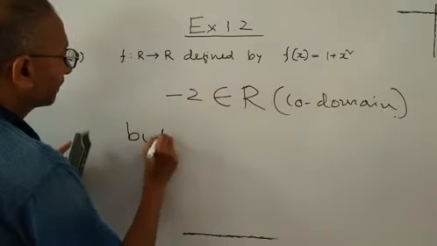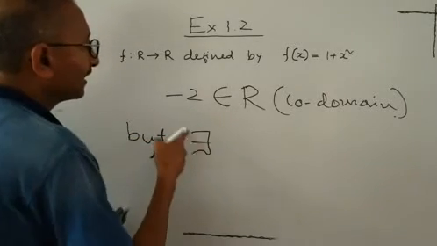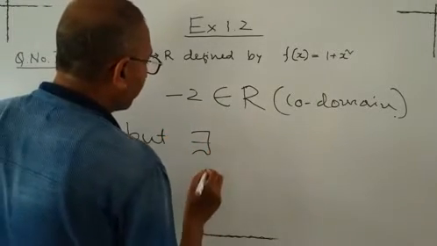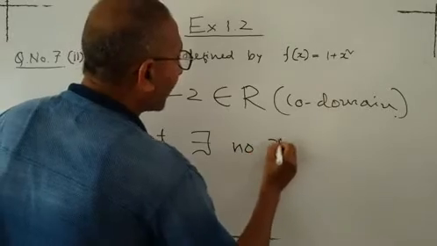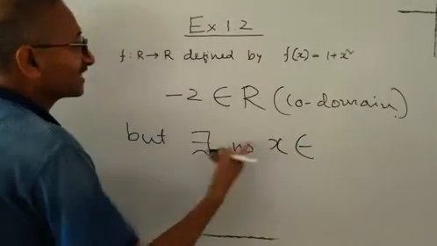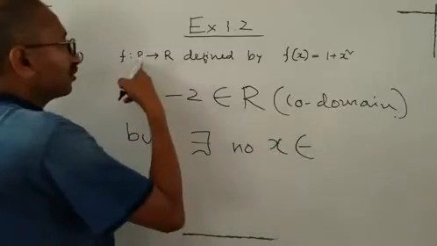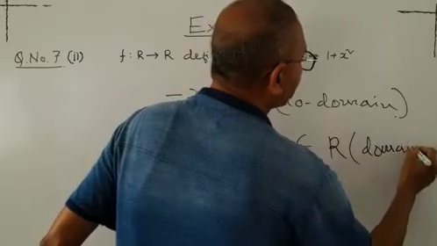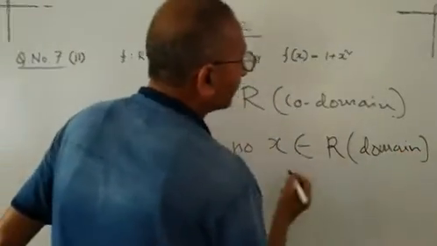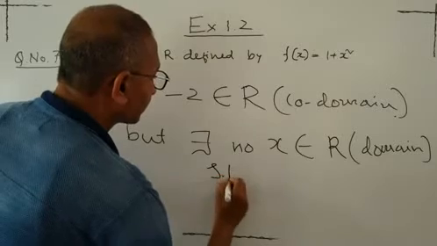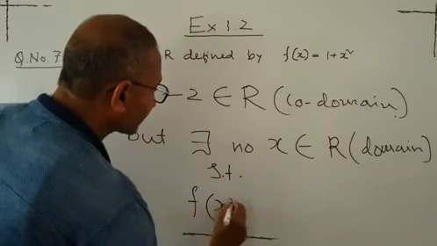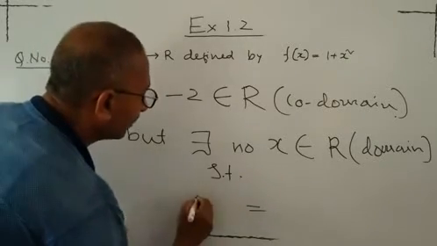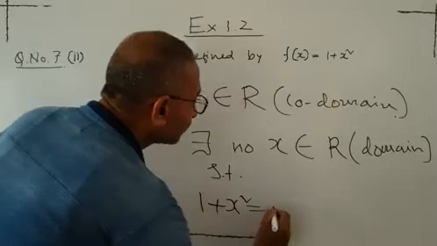But there does not exist any x belonging to the domain such that f of x, that is 1 plus x square, is equal to minus 2.